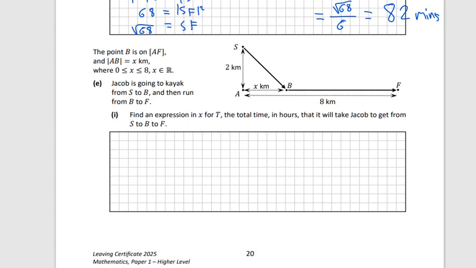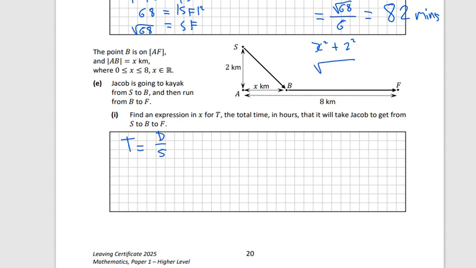Right, so the next part, it's similar things that we're using again. To get from S to B, time is equal to distance over speed. We're looking for the distance and the speed again. The distance from S to B, I would have to do x squared plus 2 squared, and then square root it, the same as I used Pythagoras above.